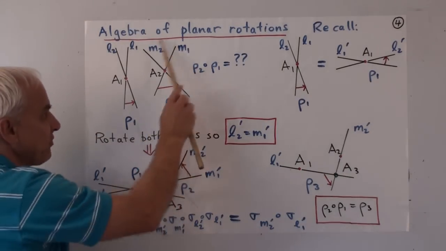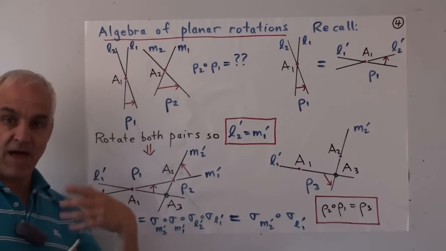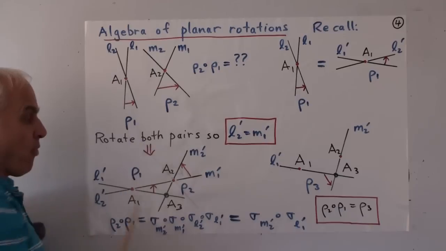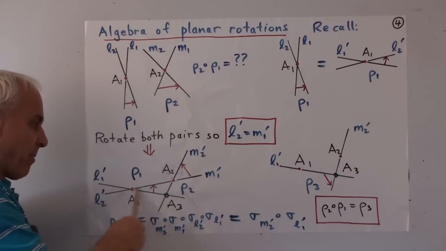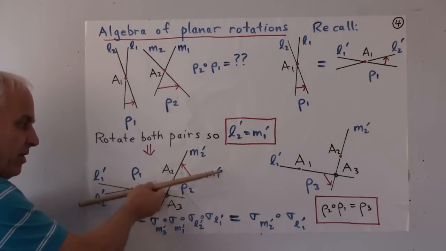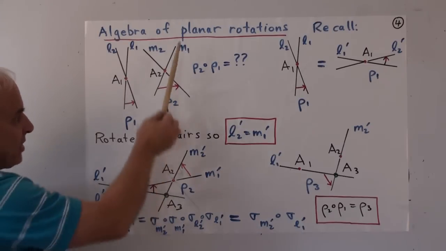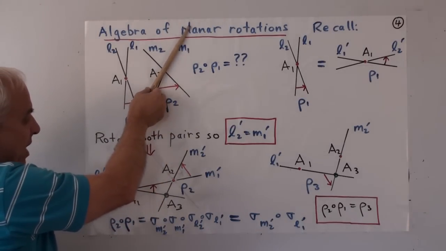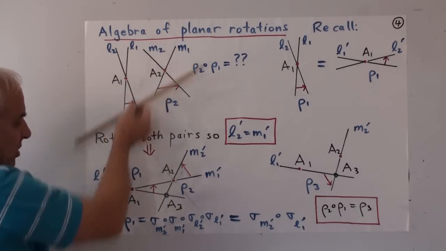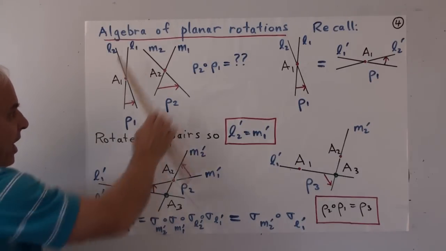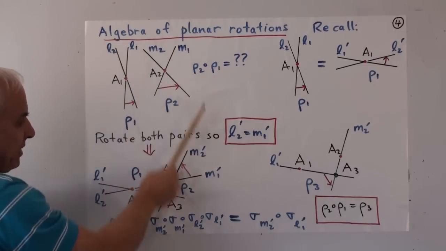And similarly with this representation of rho 2, we're going to move that one around so that the first line, M1, also has this property that it's this line right here, that it joins this center to this center. So we're going to take M1 and move it around so that it's in this position, giving us M1 prime. And then M2 correspondingly will be in this position.